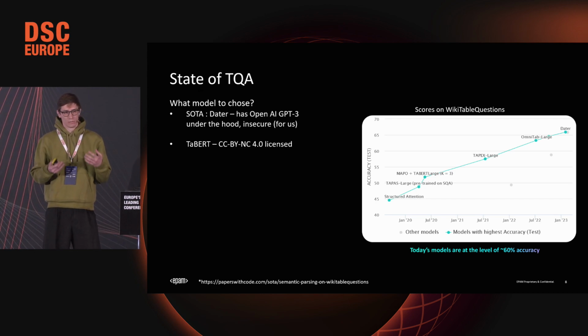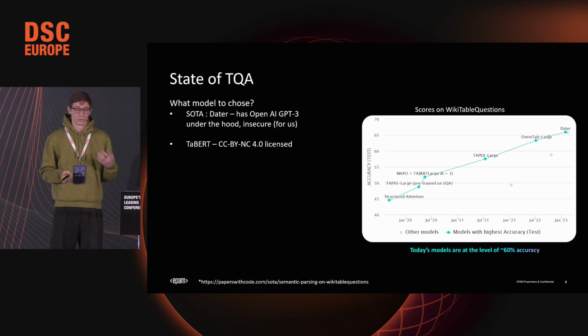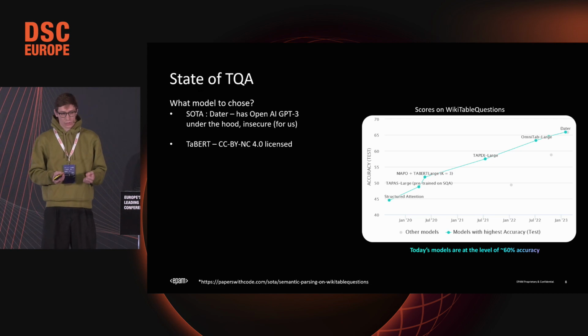And most of them are fine-tuned on the training part of the dataset, meaning that if you are going to apply them to your specific data in a different domain or with a different structure, you will probably get even lower scores. So SOTA for today, according to Papers with Code, is Dater.